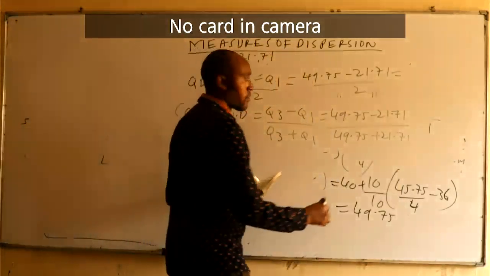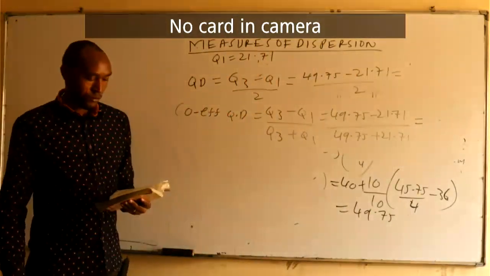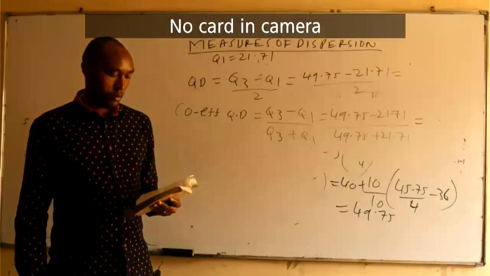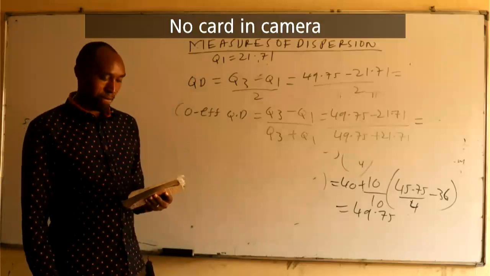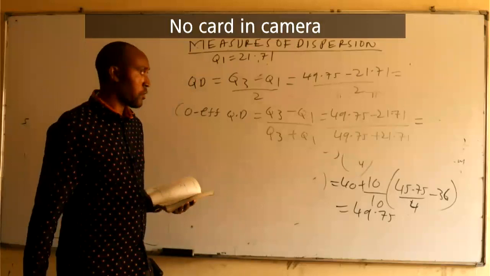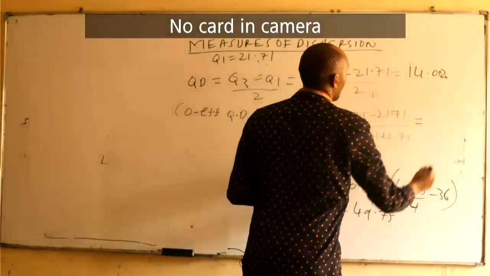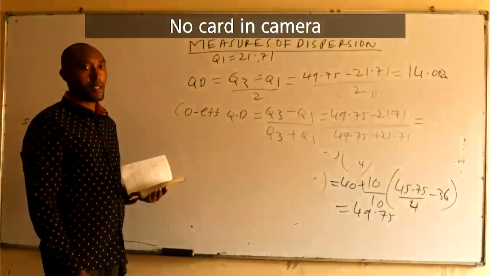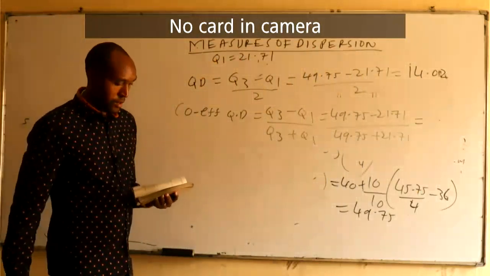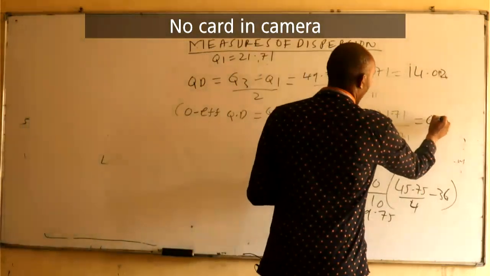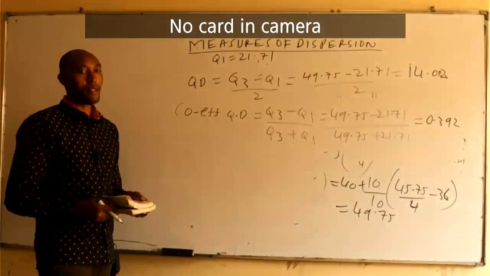So also another person, without calculation, what did you get in the first one? Still waiting. Yes, 14.02. Okay, so 14.02. Now the answer for the second one, the coefficient? 0.92. Okay, so that's the answer.